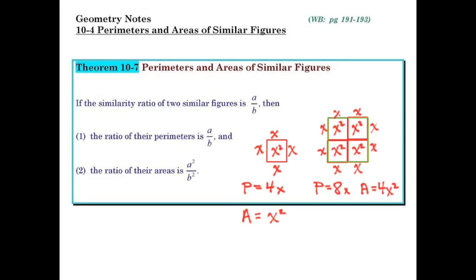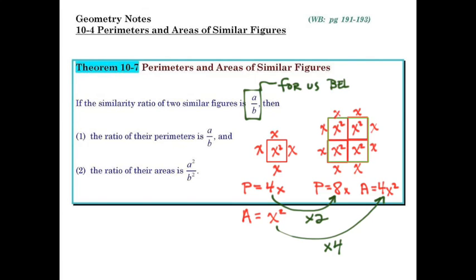And if I take those ratios, the x's are going to drop out, and I'll see that I have really a factor of 4 and a factor of 2. And so if I was to make it 3 to 1, I would have 3 over 1 squared, which is a factor of 9. It'd be 9 times bigger in the area, but the perimeter would be a factor of 3.